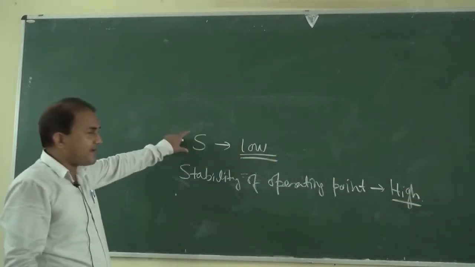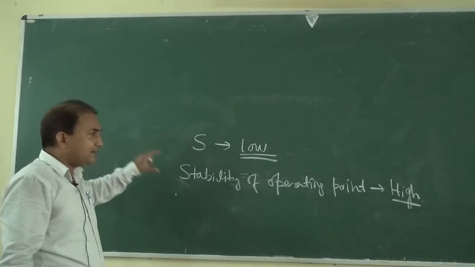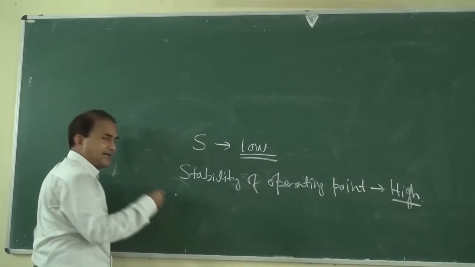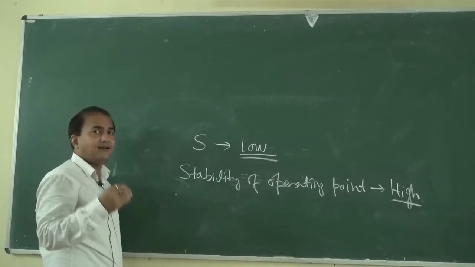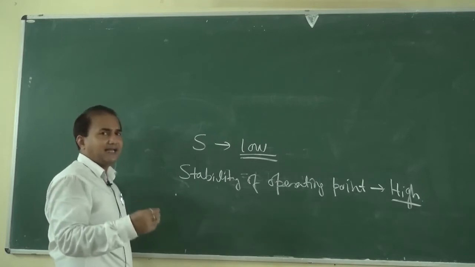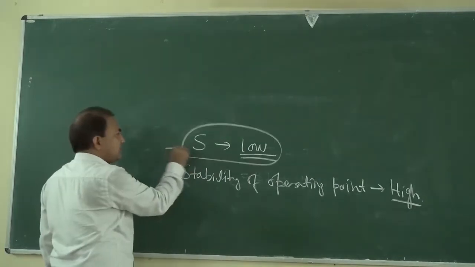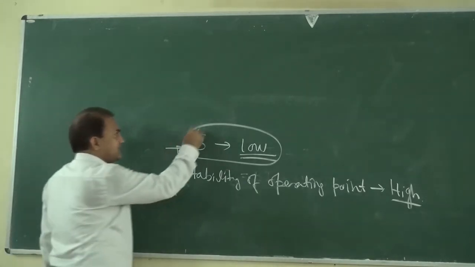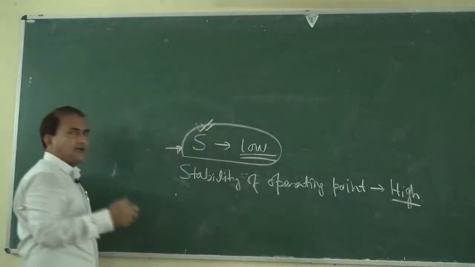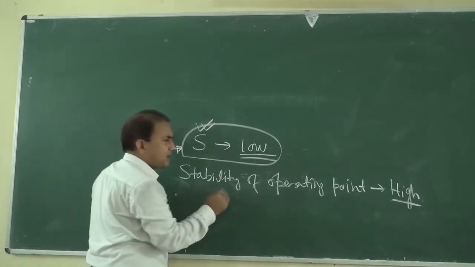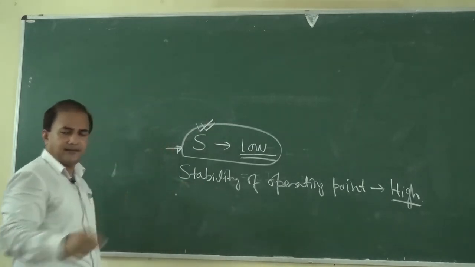If the stability factor is low, then the stability of the operating point with the variation in temperature, with the variation in VBE, with the variation in ICBO, is high. So we have to design the bias circuit such that the stability factor should be low, so that the stability of the operating point should be high.